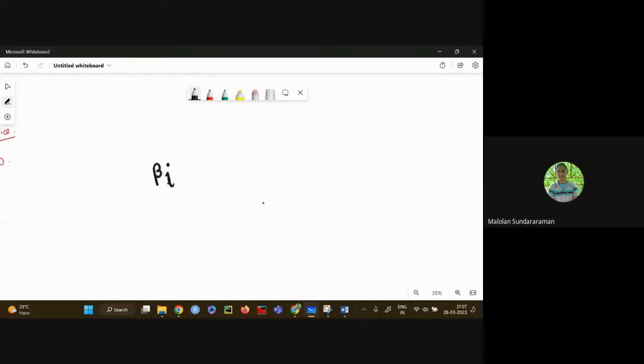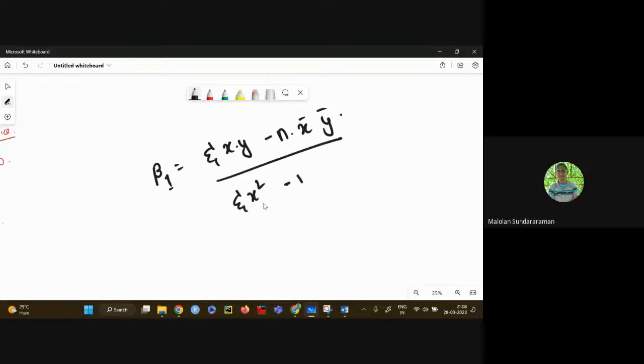Let me put it as beta 1 here for you, it's SLR, right? So beta 1 is going to be summation x into y minus n into x bar y bar divided by summation x squared minus n into x bar the whole squared.